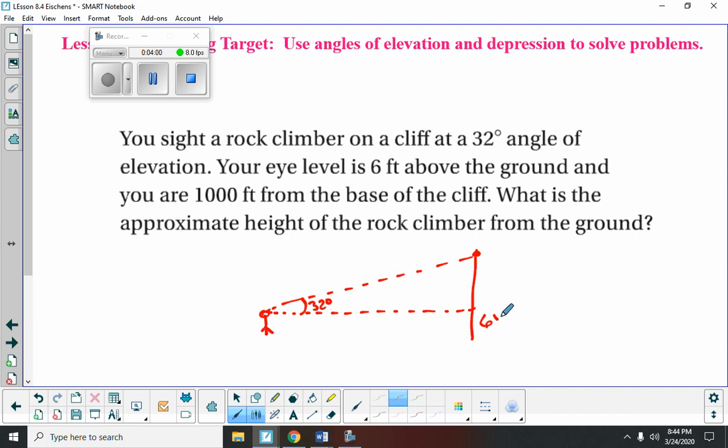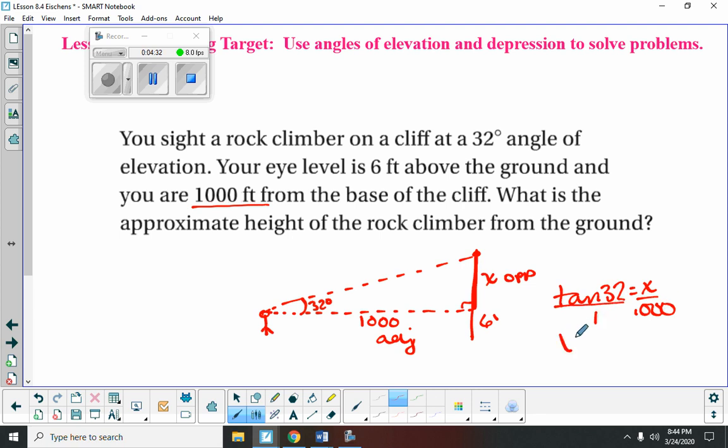You are 1,000 feet from the base of the cliff. So from here to here is 1,000. And what is the approximate height of the rock climber? So we'll put an X right here, and we're going to find out what this length is and then add 6 to it. Again, we'll label opposite. This is a 90 degree angle. This is the adjacent. So that's a tangent function again. So the tangent of 32 equals x over 1,000.